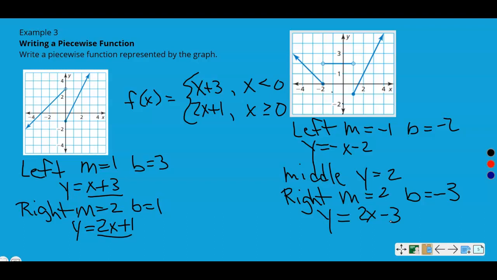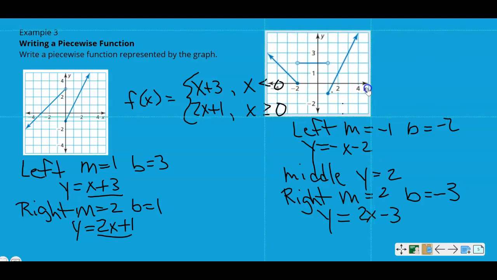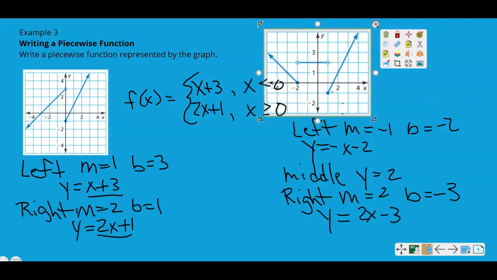Now we just have to put it all together. So let me see if I can move this over a bit. All right, so I'm going to have f of x.